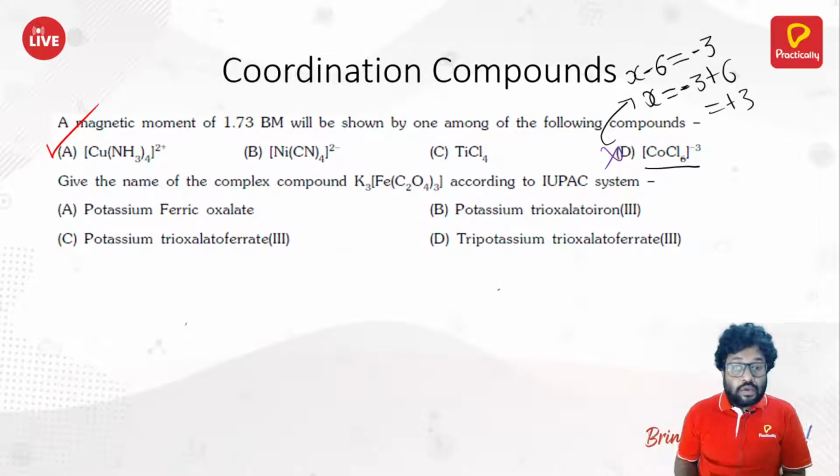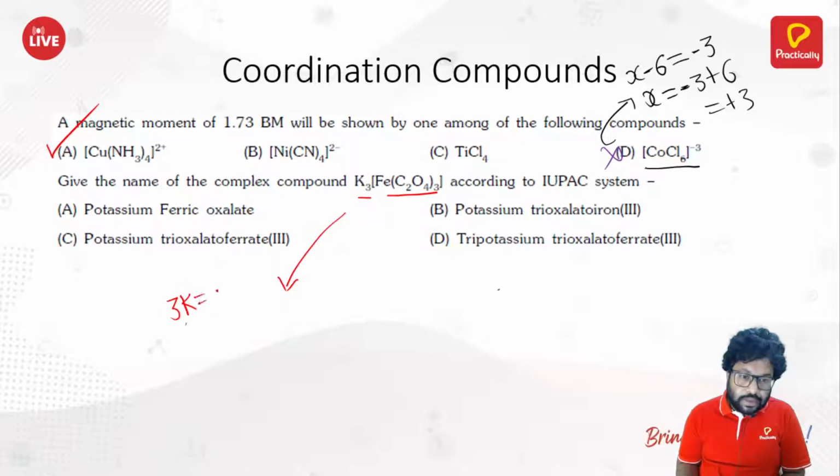So what is the name of this complex? See, it is K3Fe(C2O4)3. Now, whenever the K3 is there, that means 3 potassium are there. Now, for 3 potassium, the charge is 3 positive, right? Because each potassium holds a +1 charge. So 3 potassium will hold a 3 positive charge.